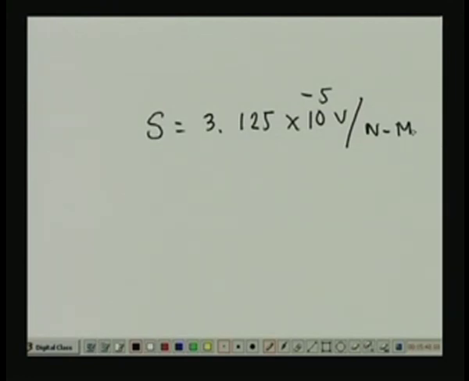Voltage by torque. So obviously it will come like this. Now, interestingly, the second part is telling, let me write the second part.